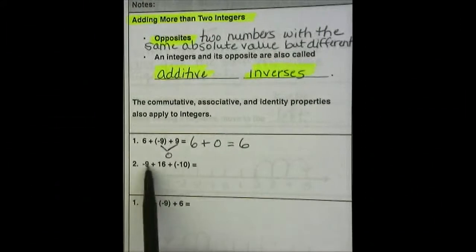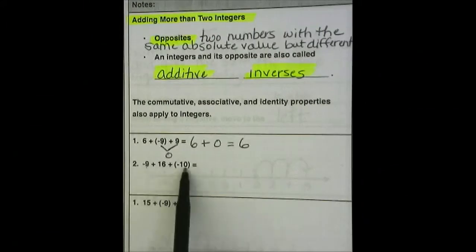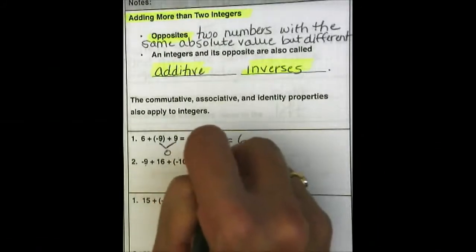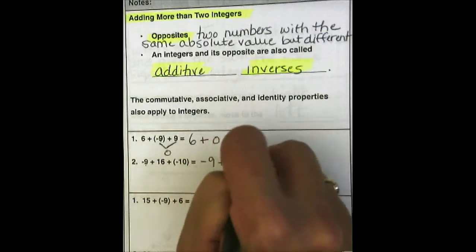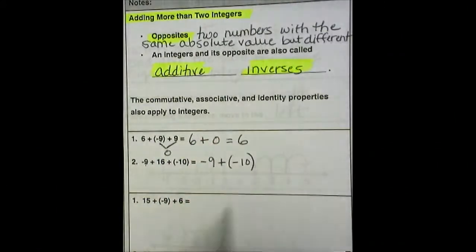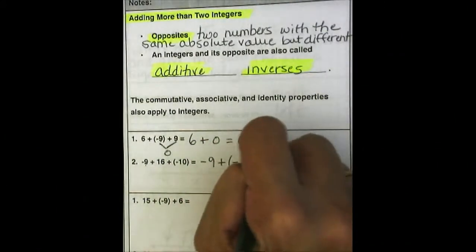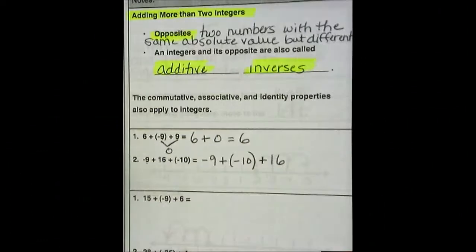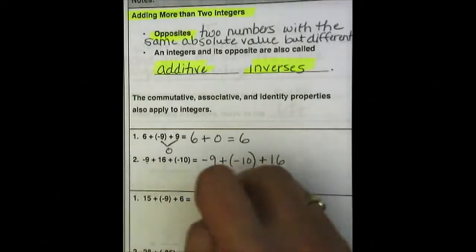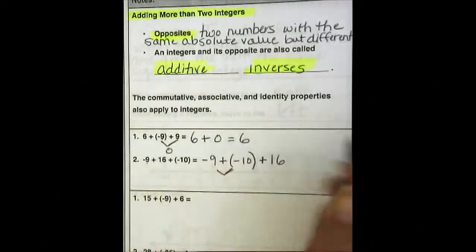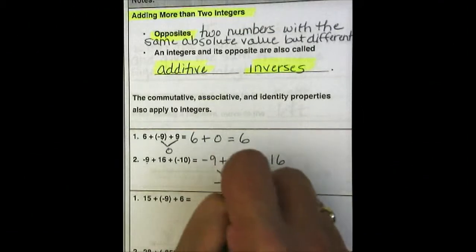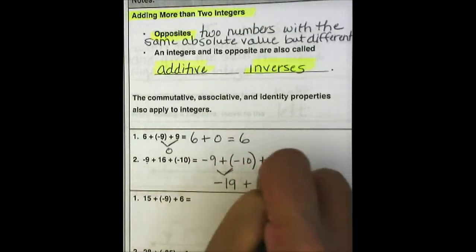Let's look at number 2, -9 plus 16 plus -10. We don't see any inverse property here, so the easiest thing for us to do is to put all of our negatives together. Notice I'm putting parentheses around that -10 and all of our positives together. That way we can take these two numbers, -9 plus -10 is -19, and now we can add it to 16.